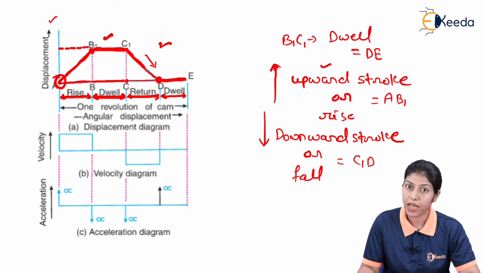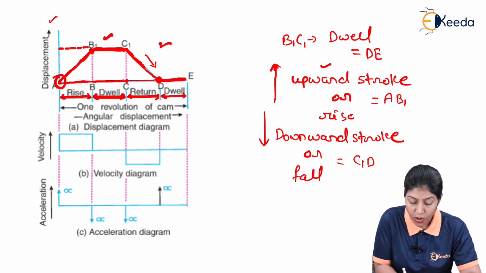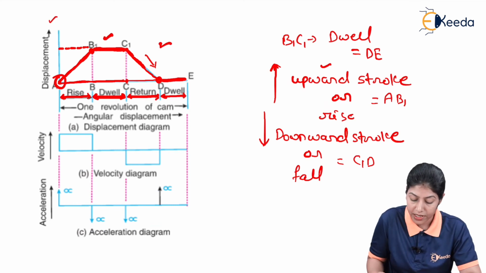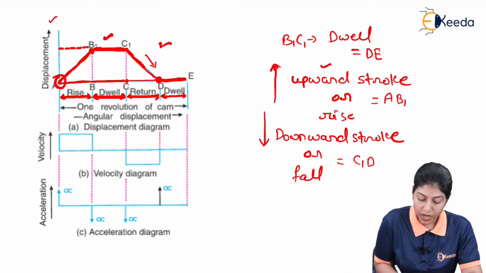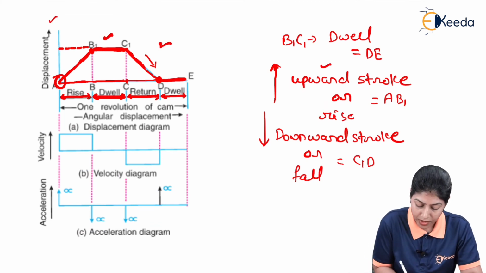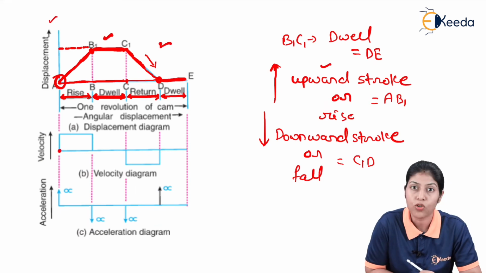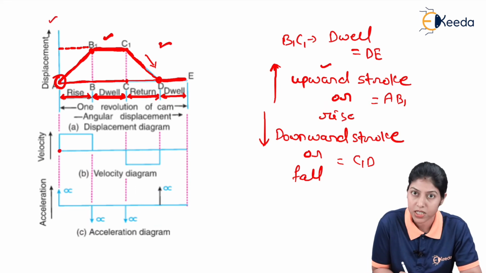So this particular diagram is representing the exact displacement of the follower. But if we want to define at what velocity this process is happening, the velocity diagram and acceleration diagram represent the exact motion of the follower. Here in this diagram, this is the initial position when the follower is in rest condition for the velocity diagram.